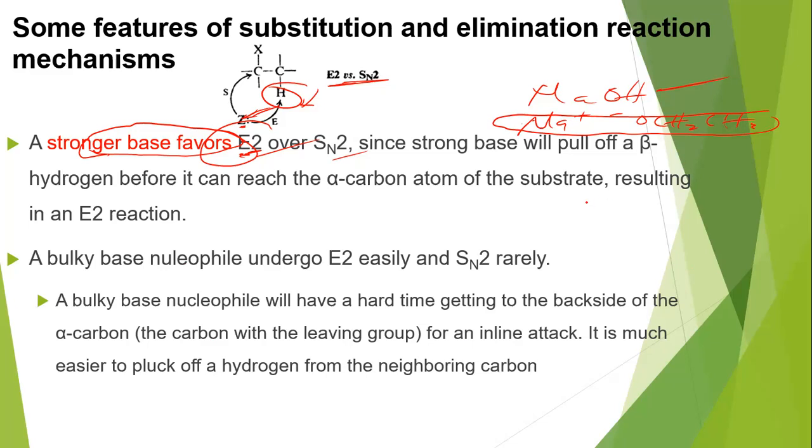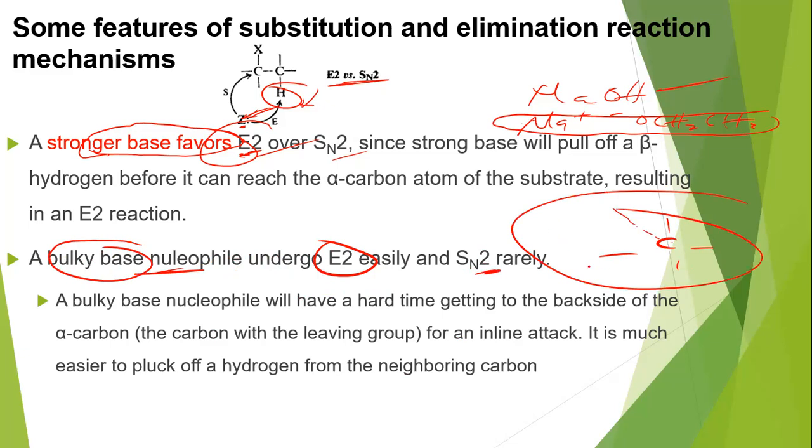And so if you want to follow E2, one thing you can do is bring a very bulky base or a very bulky nucleophile as the base. Once it's bulky, it cannot undergo SN2 because it cannot be attached to the carbon that already has four bonds to form the pentacoordinate intermediate. And once that pentacoordinate intermediate is not formed, we cannot go through the SN2 mechanism.